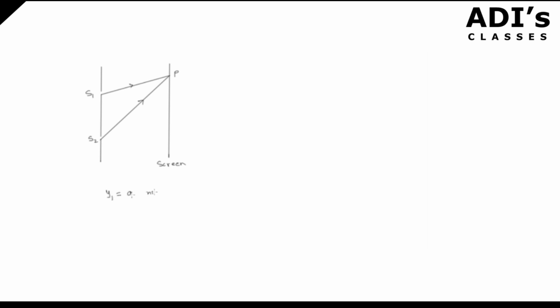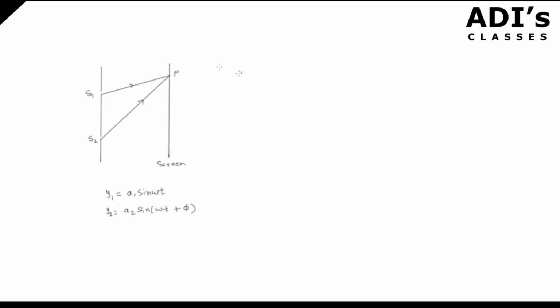Now what we'll consider is one point, let's say some point P here, and from S1 to this point, and from S2 to this point. Okay, so let me tell you what we are doing here. From S1 to P, from S2 to P, a ray of light, or you can say wavefronts, are going.